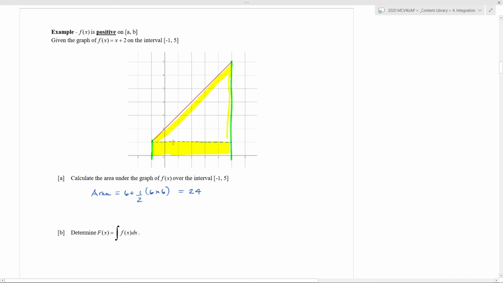Capital F, the antiderivative of our function, is the integral of x plus 2 dx. So, now I need to find the antiderivative of x plus 2. That is x squared over 2 plus 2x plus a constant. That's the antiderivative, the integral of our function.